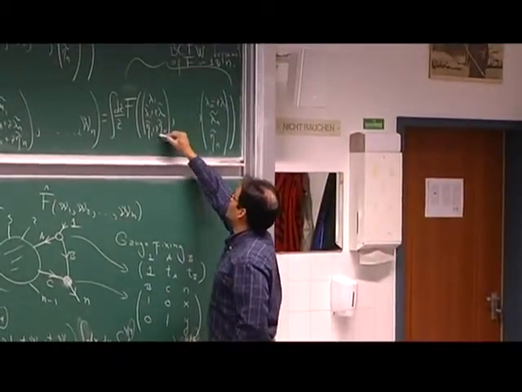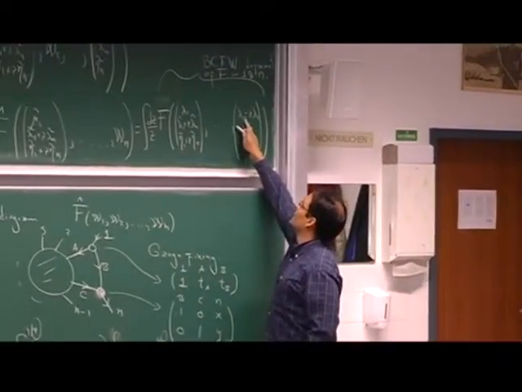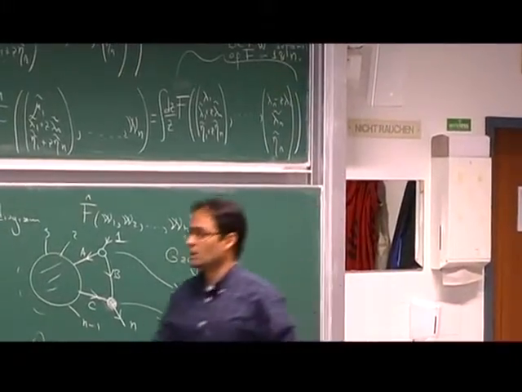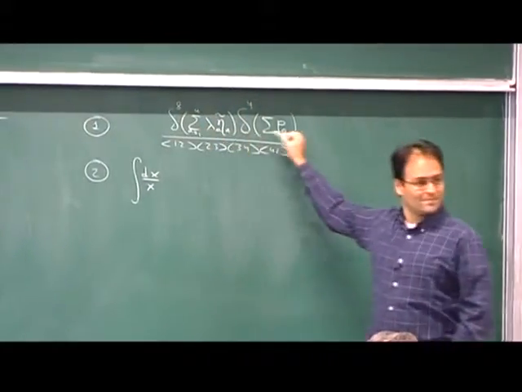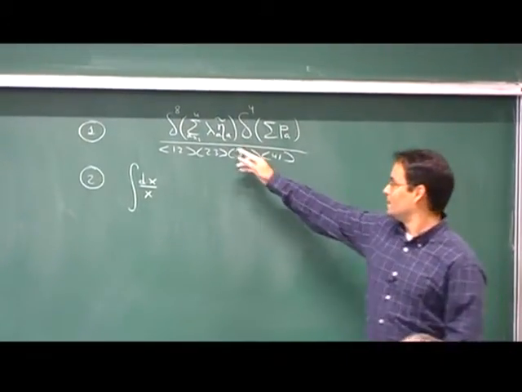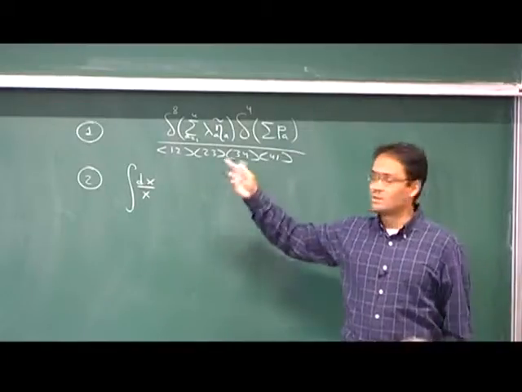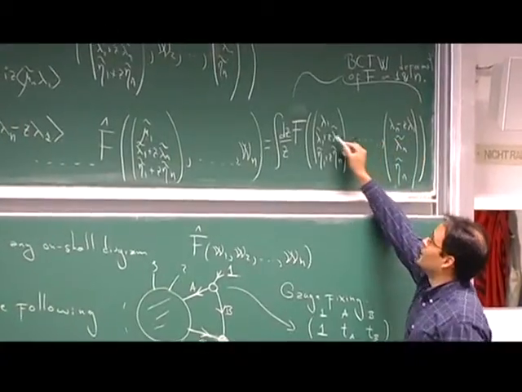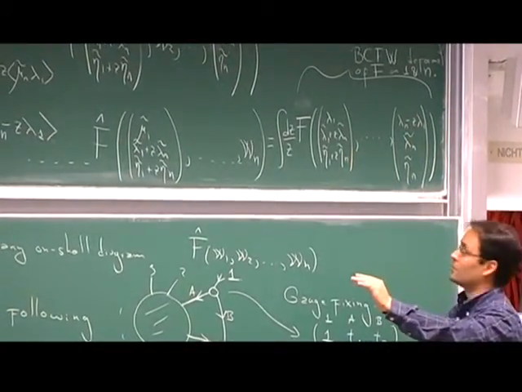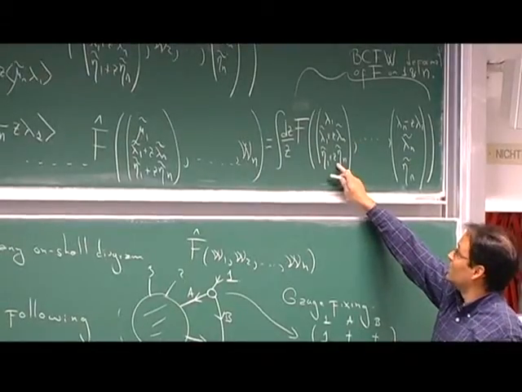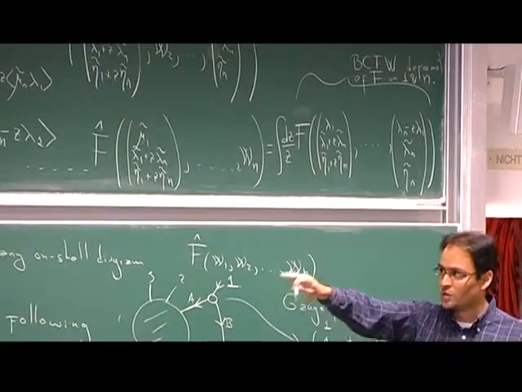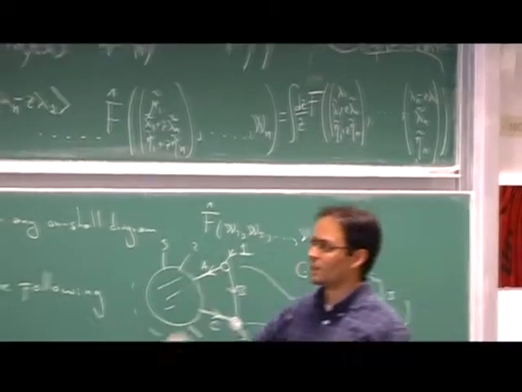According to this rule, I shift these guys and these guys. So I'm shifting lambda 4 by lambda 1. The shift was designed to leave this invariant, right? If you have never seen that, do the computation. Of course, the BCFW shift was originally designed to leave momentum conservation invariant, but the supersymmetric part was only found later on, and is actually designed so that the supersymmetric version of the momentum conservation is also invariant.